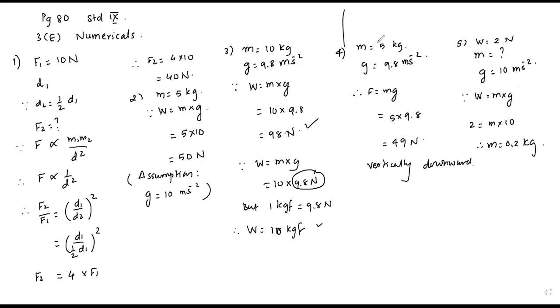Check the next one. That is question number 6. What is given in 6? Weight of body on Earth's surface is 98 Newton.